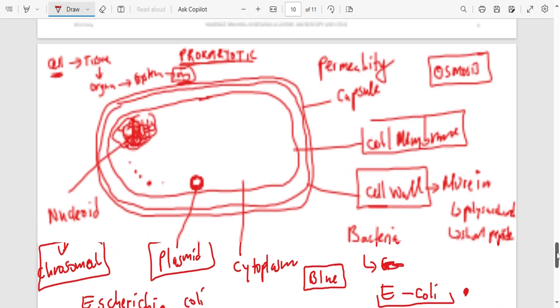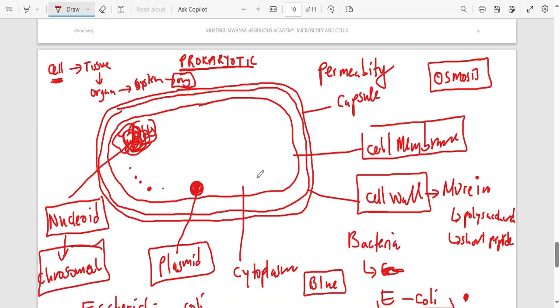In a cell, we have organelles. Remember, we said the cytoplasm has the cytosol and organelles. We described an organelle as a structure which is found in the cell.